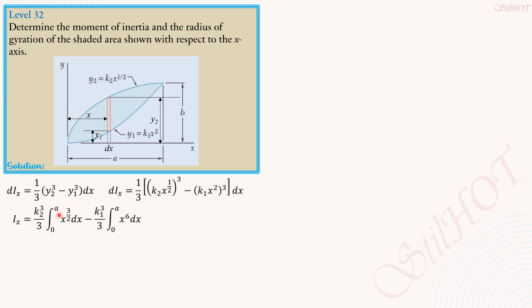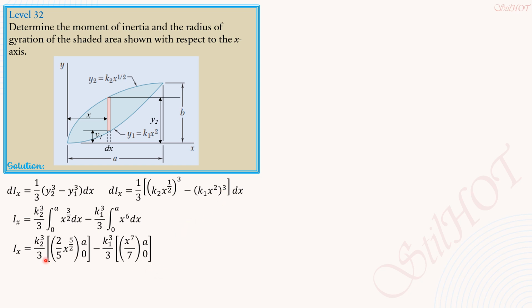So the integral here is x to the 5 halves over 5 halves, or this is 2/5 of k2 cube over 3 times 2/5 of x to the 5 halves from 0 to a, minus k1 cube over 3 times x to the 7 over 7 from 0 to a.